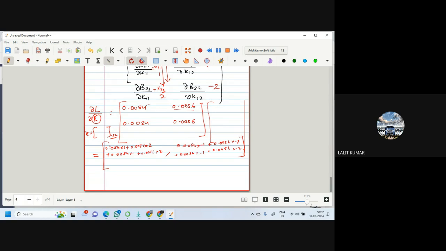See, all the figures are the same. Here it comes 0.0392 or 96 something, and here it will come minus 0.0392.